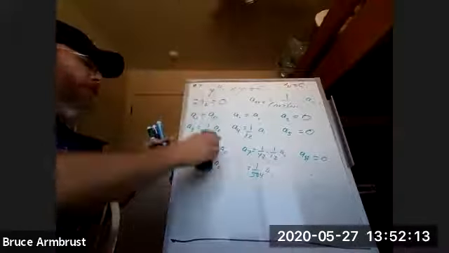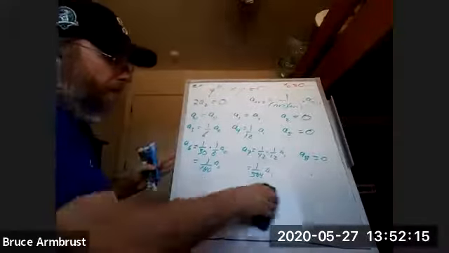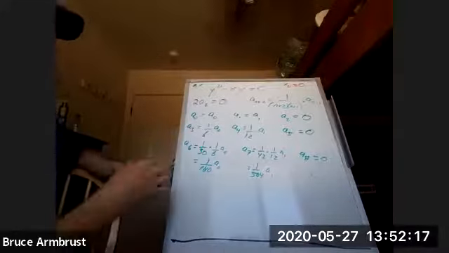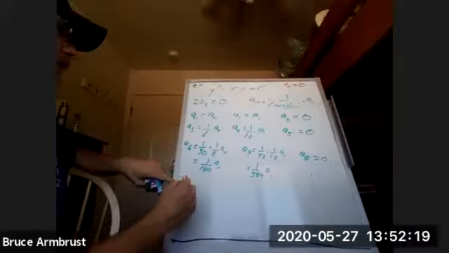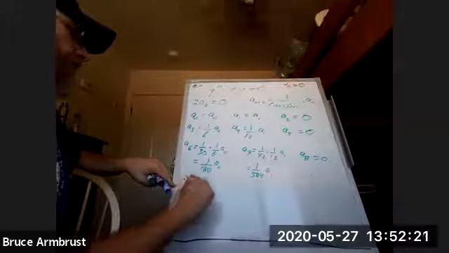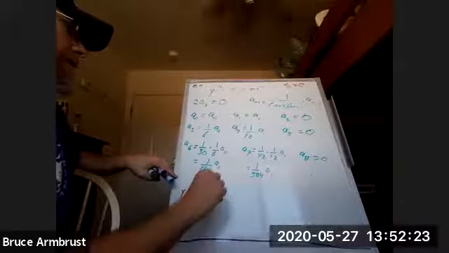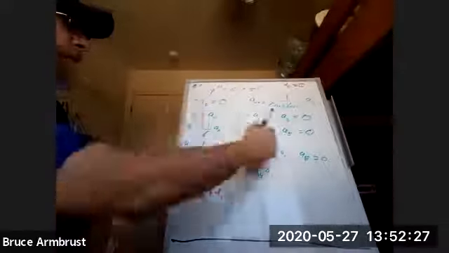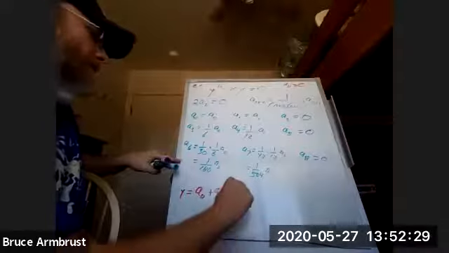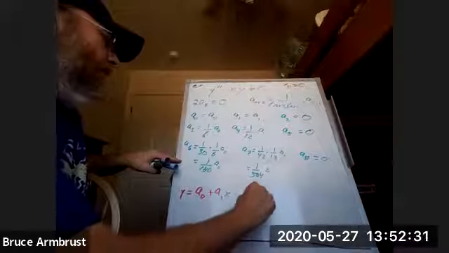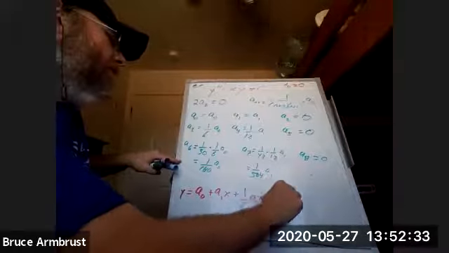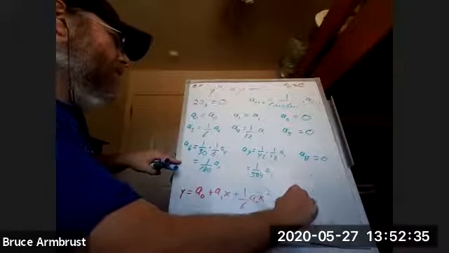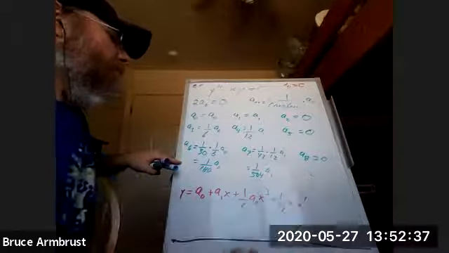All right, so let me show you what this looks like, at least the first few terms. We're going to get y is equal to A0 plus A1 times x. There's no x squared. We're going to get 1/6 A0 times x cubed plus 1/12 A1 times x to the 4th.